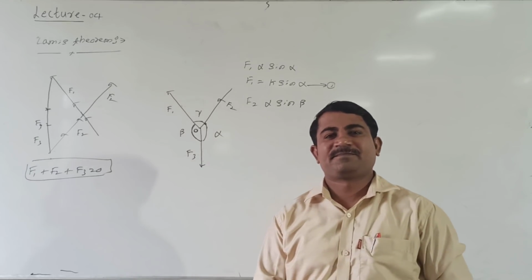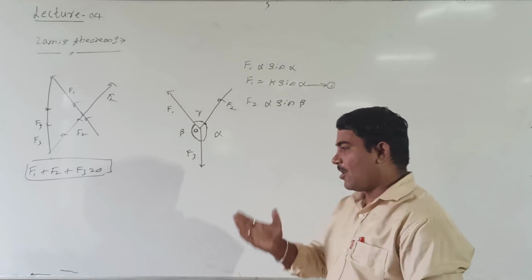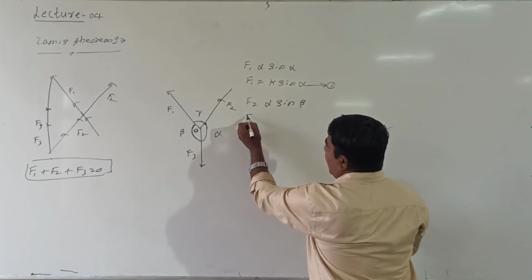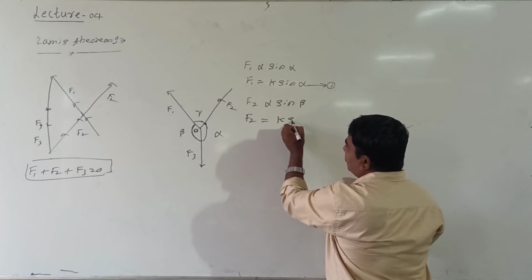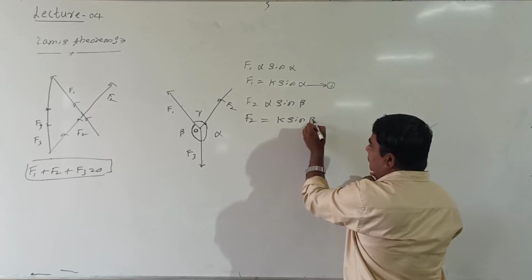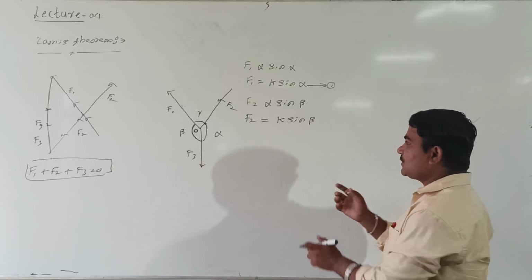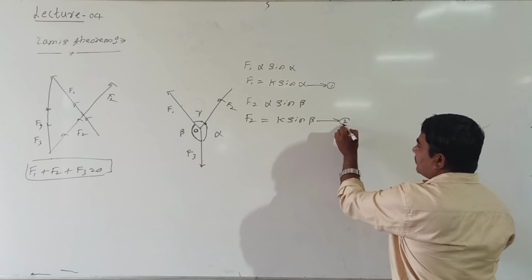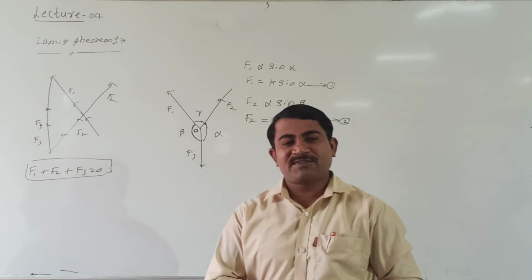Or the magnitude of F2 equals some constant into sine beta. Shall I call this equation number 2? Are you following me, students?